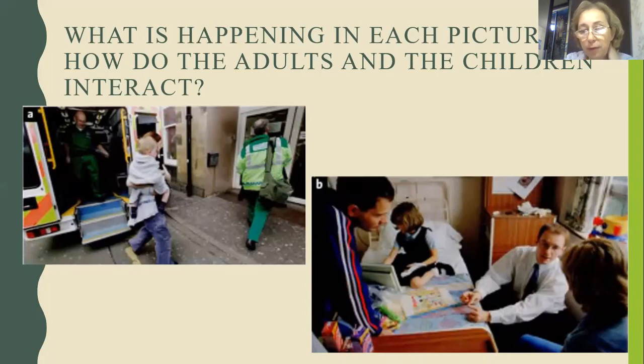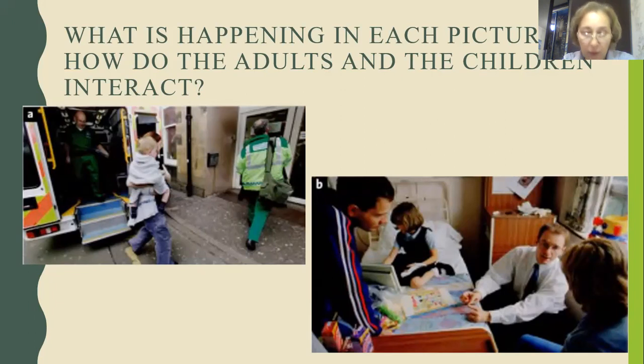How do the children feel in these situations? In the first picture, picture A. In the first picture, the child is frightened, maybe thinking something scary, afraid of what's going on. In the second picture, the child is comfortable and playing like it's home. Yes. Playing a game. There's something wrong with her hand, I see, right? But she's okay.